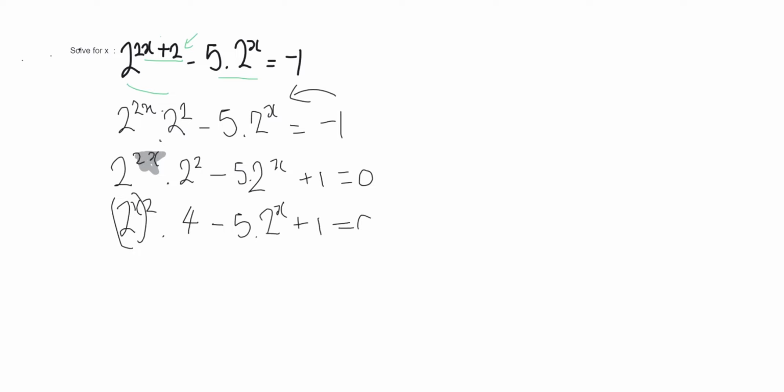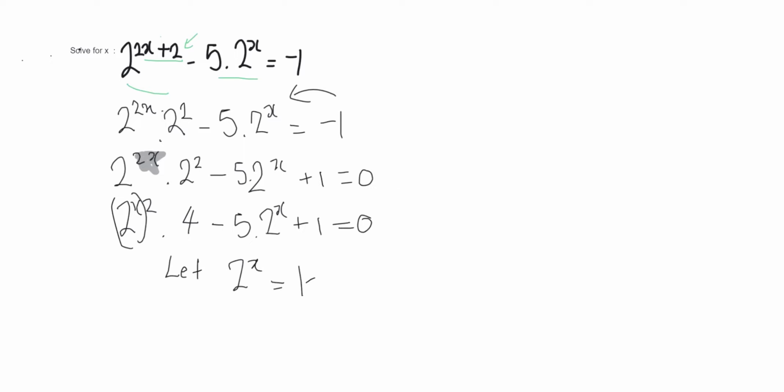Now, what can we do? We are going to use the k method. Remember that you have everything now in terms of 2 to the power of x. From here, you can let 2 to the power of x be equal to k.